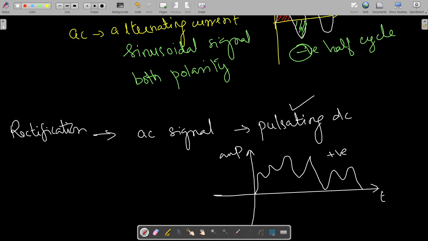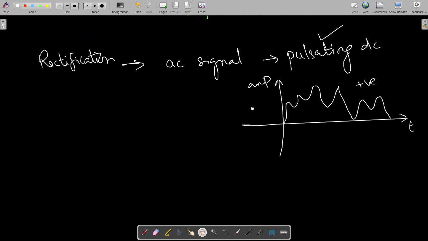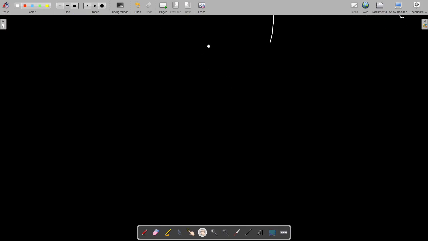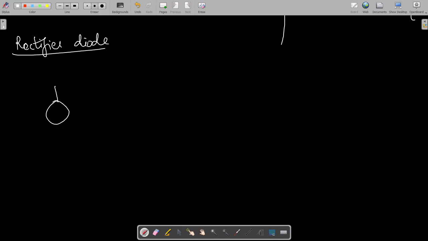Our ordinary PN junction diode can be used as a rectifier. Now we are going to see the rectification process with the rectifier diode. The circuit will be like this. You have the diode connected here, then the load resistance.